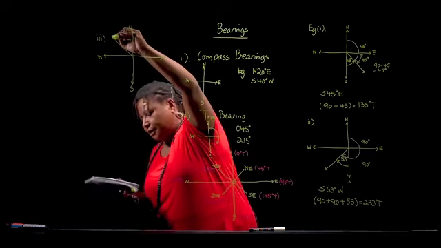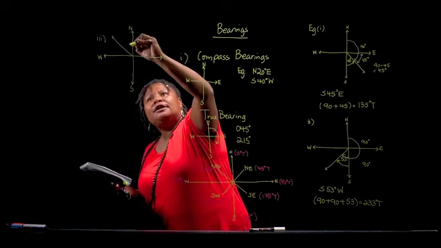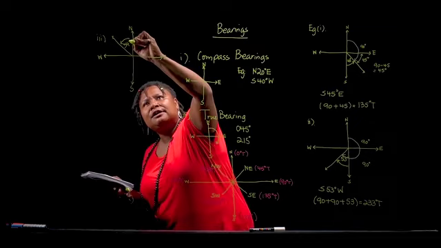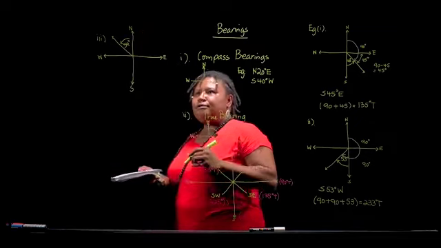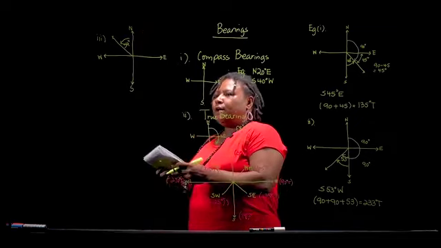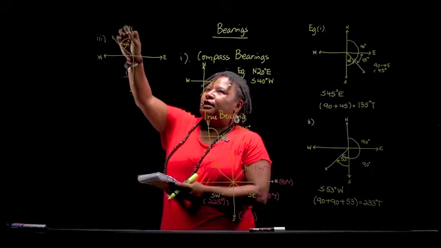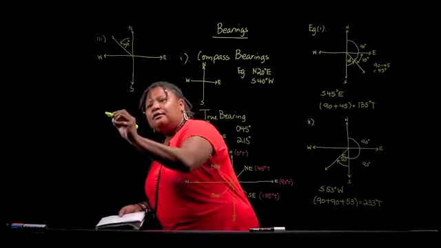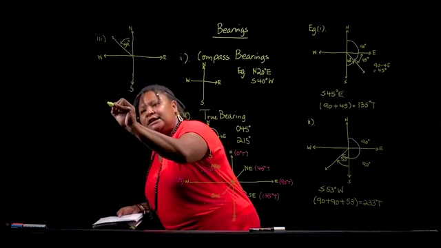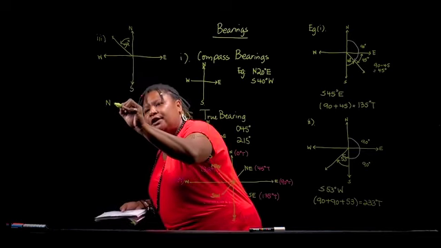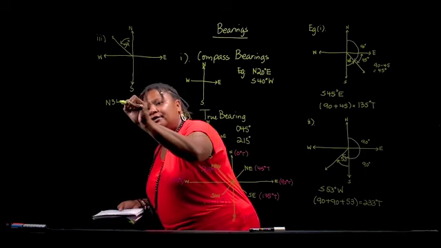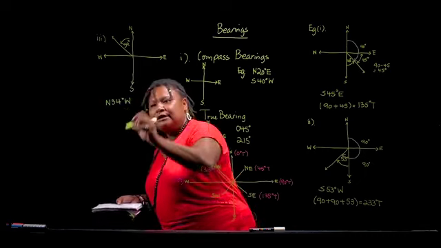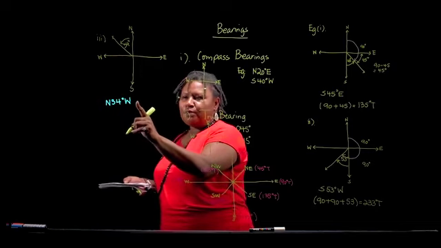And this angle will be 34 degrees. Now, as a conventional bearing, quite easy. It is north, 34 degrees toward your west. So north 34 degrees west.